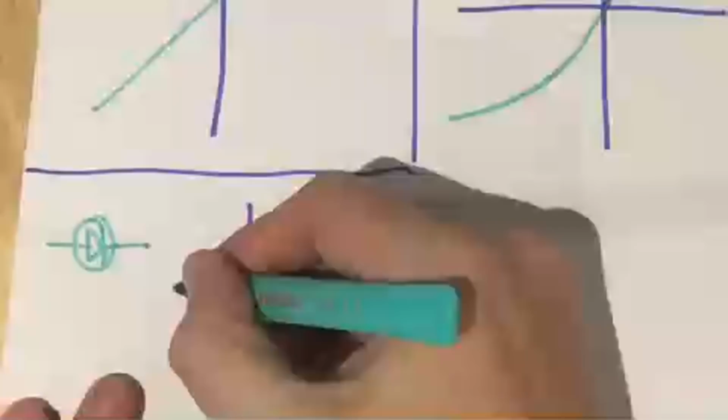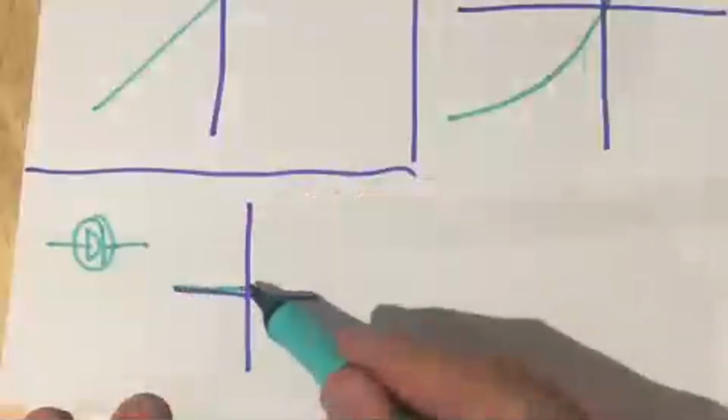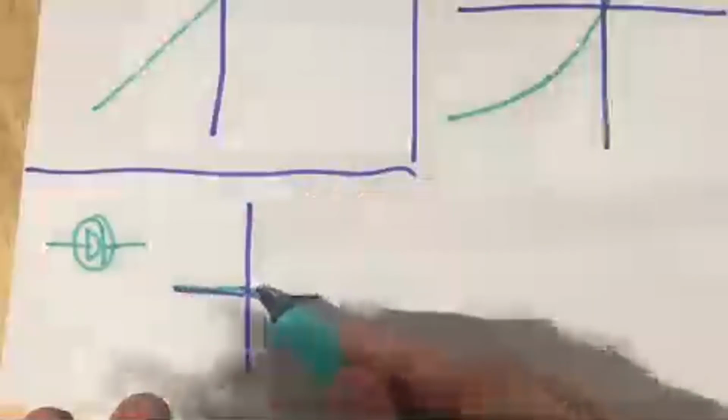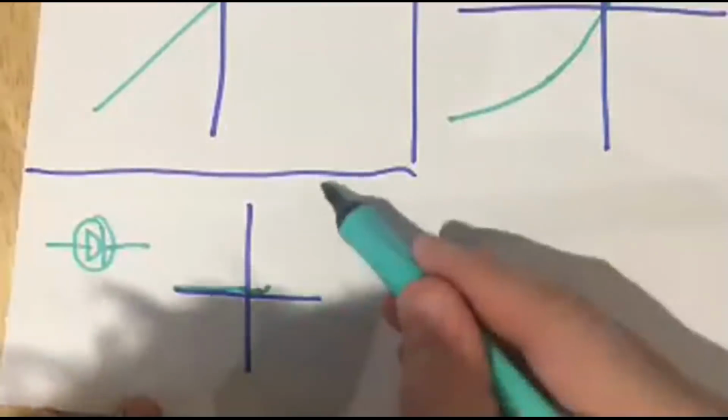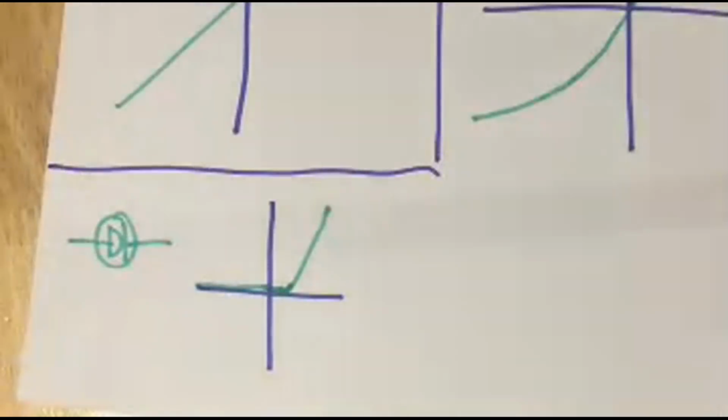They only let the electricity flow in one direction. In the reverse direction here, no electricity flows. The line follows it like this. Then you have a very small lag phase, which just means it doesn't shoot up straight away. It continues a little bit, and then it goes up. So this is a diode. Basically, it only flows in one direction.